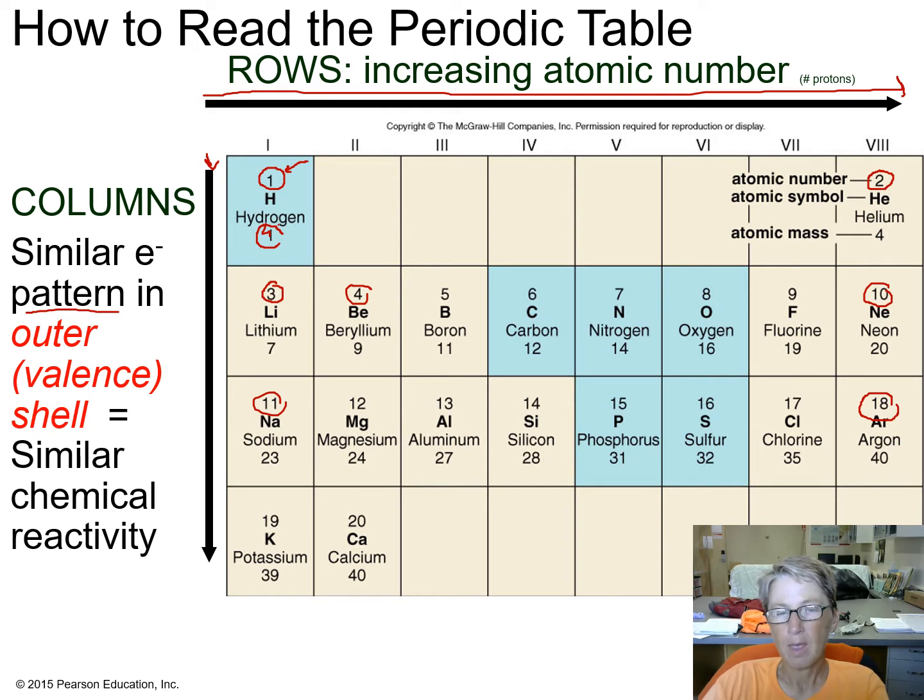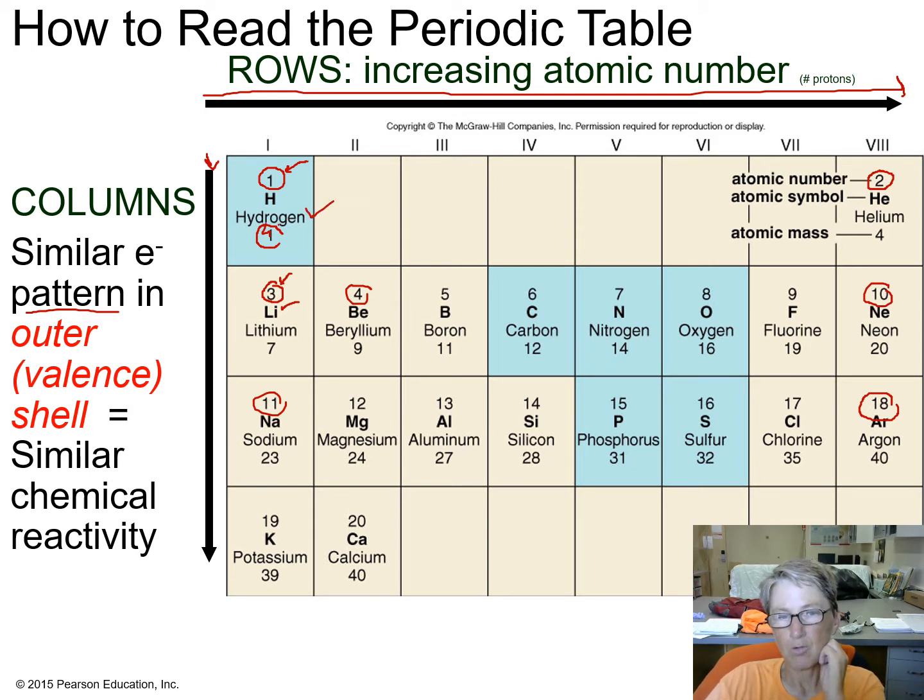Lithium, with an atomic number of 3, also has 3 electrons because lithium is the neutral atom. It puts 2 electrons in its first shell and 1 electron in its valence or outer shell. Same as hydrogen.